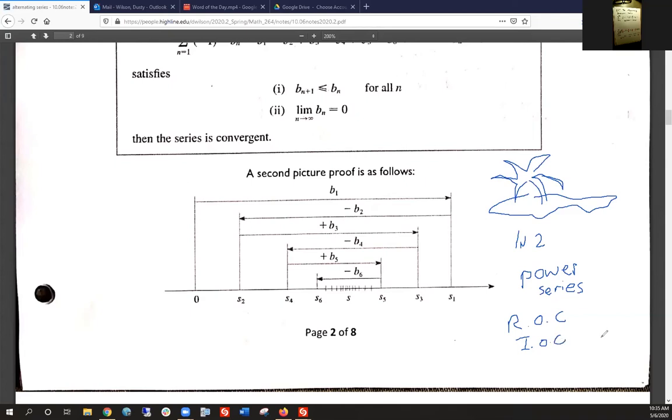Yeah. Okay. When you're finding the interval of convergence, you always have to check endpoints. And oftentimes the endpoint you were working with turned out to be one of these alternating harmonic series. Does that help at least a little bit? Yeah.